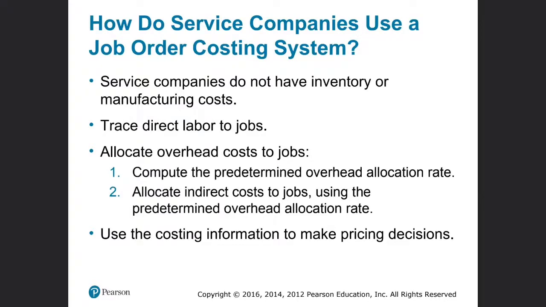They allocate overhead costs to jobs, and they use costing information to make pricing decisions. When they're allocating overhead costs to jobs, they compute the predetermined overhead allocation rate, and they allocate their indirect costs to jobs using the predetermined overhead allocation rate.